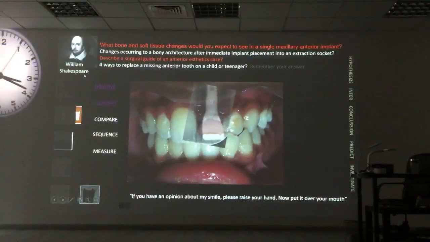He has a question. The first visit when the patient comes, you found any buccal bone? There was a thin buccal bone, yes. You remove it or you keep it? No, it wasn't all the way to the crest. There were a few millimeters lost. On the graft, you fill the whole socket with the graft. That's it.